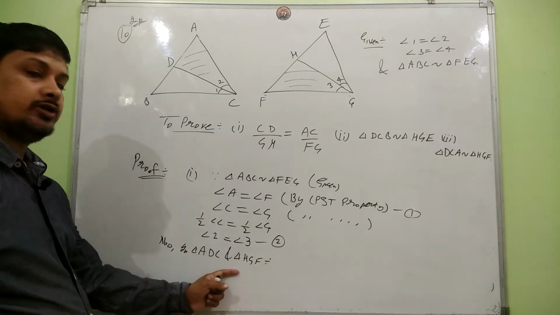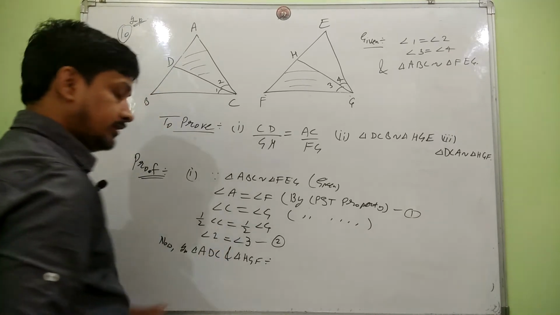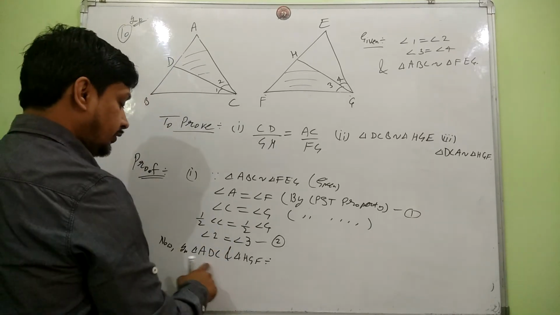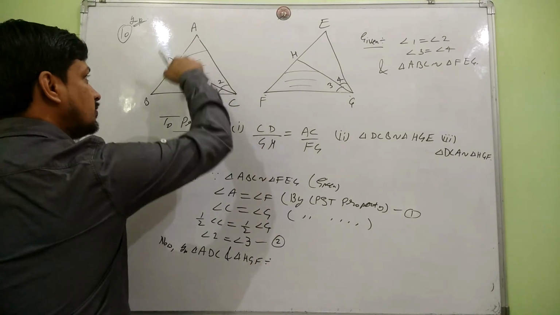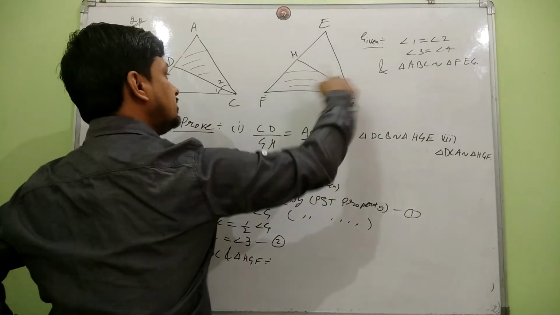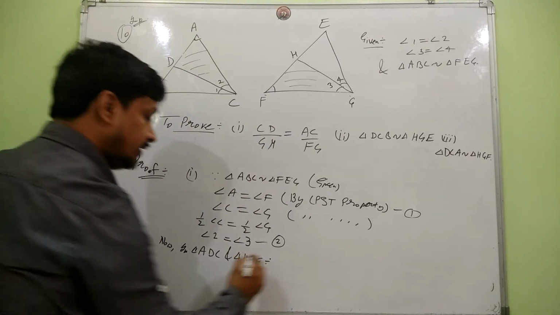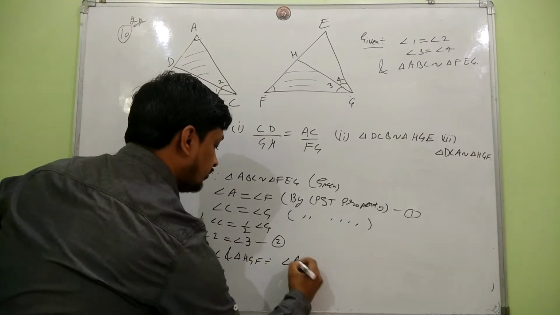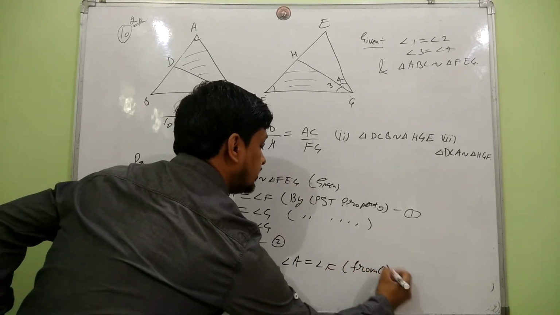At the time of introduction, you can write any names for the triangles. So the first thing is angle A equal to angle F. Angle A of this small triangle is equal to angle F of this small triangle, because we have just proved it: angle A equals angle F from equation number 1.